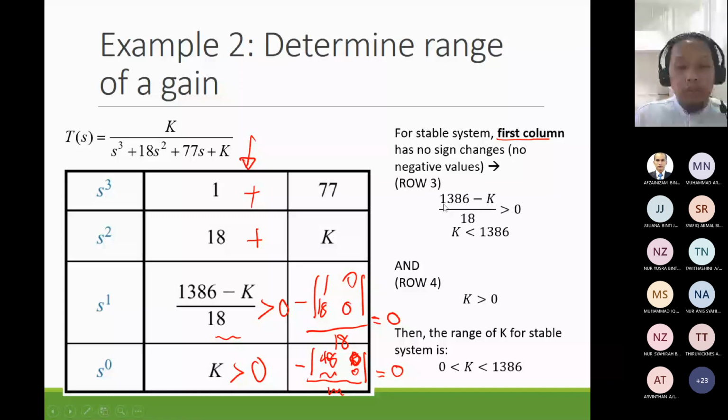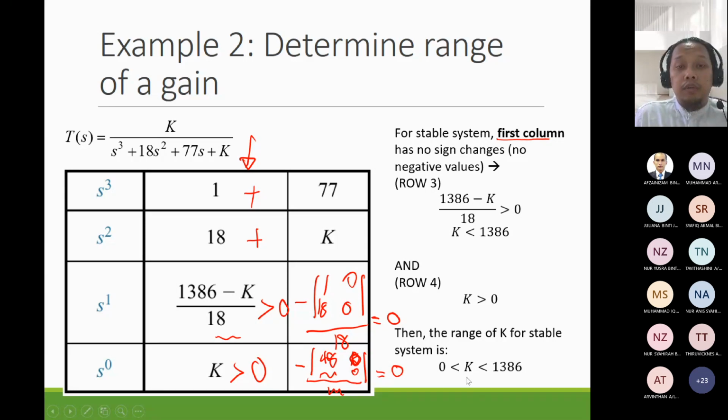So we look at the row S1. So (1386 minus K) divided by 18 must be positive. So we get K must be less than 1386. And similarly for row S0, K must be positive. Okay, so we can combine these two ranges. So the range for K to make sure that the system is stable is between 0 and 1386.